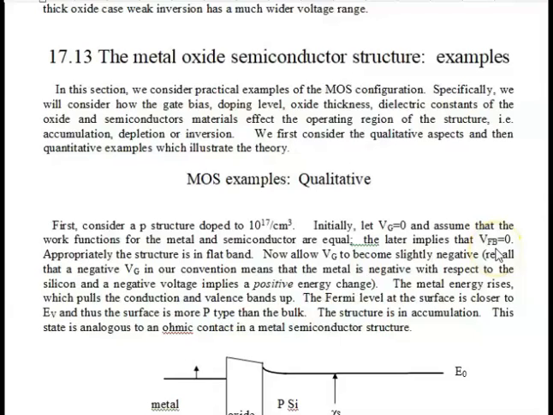So flat band voltage equal to 0, all of the bands are straight, and then what we're going to do is we're going to decrease or make the gate voltage a little bit more negative, and the P bands are going to bend up, and you might recall that that is accumulation.